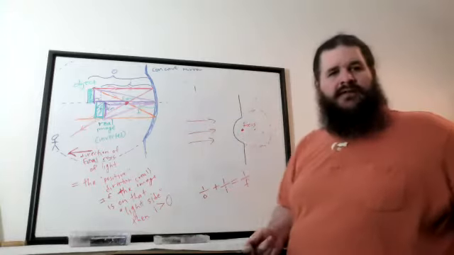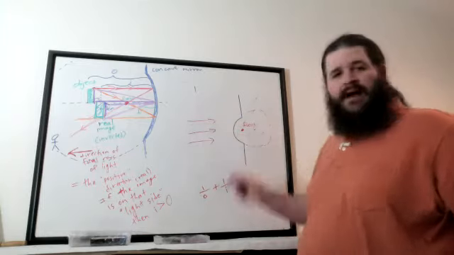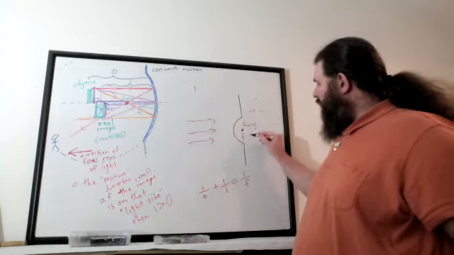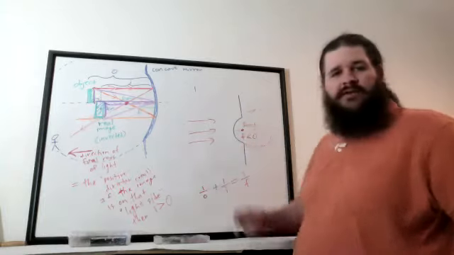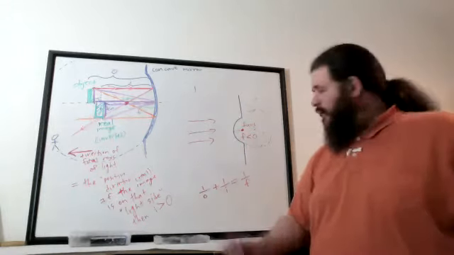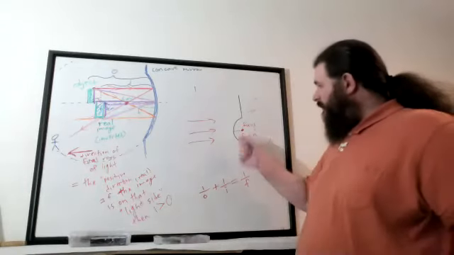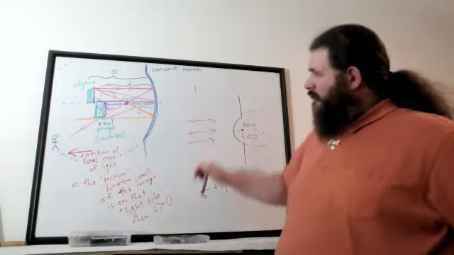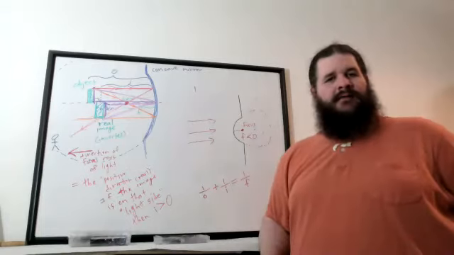And that focus is on the dark side of the mirror. Light's traveling on this side, focus is on the opposite side. So we describe the focus as a negative value here. So this distance is still the focal length, but we treat it as a negative value for purposes of plugging it into the equation. So a convex mirror is going to have a negative value for F. And that's going to make the light spread out rather than coming back together. Any questions on that so far?